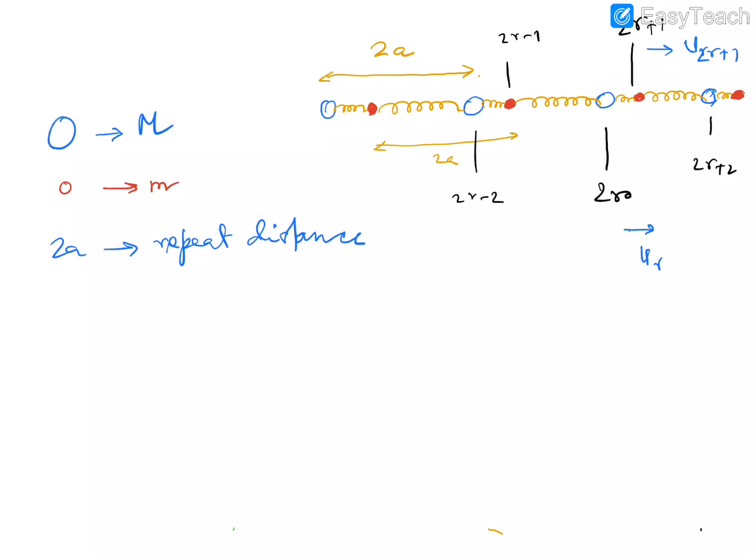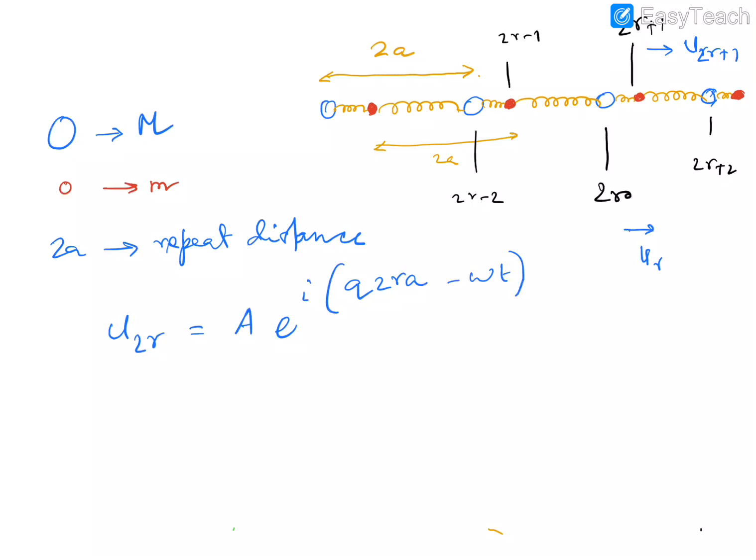So we write the displacement amplitudes, which will oscillate. Because of this oscillation, as we have discussed earlier, let's say u_2r equals A e to the power i, and because it is the 2r-th atom, q times 2r a, the distance from the origin, minus omega t.